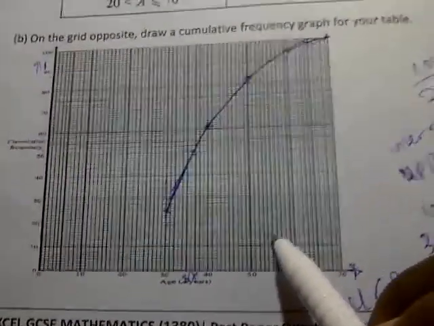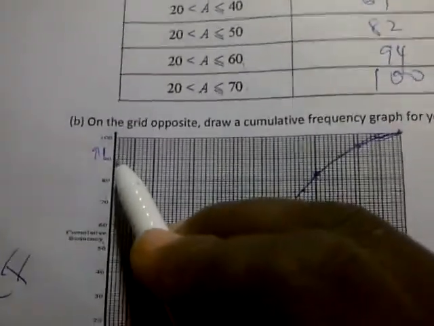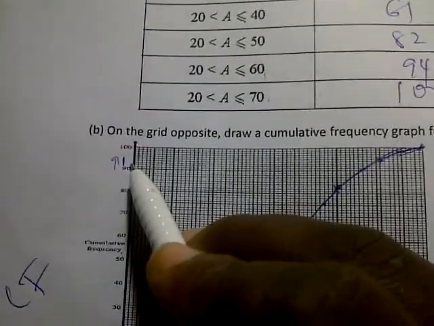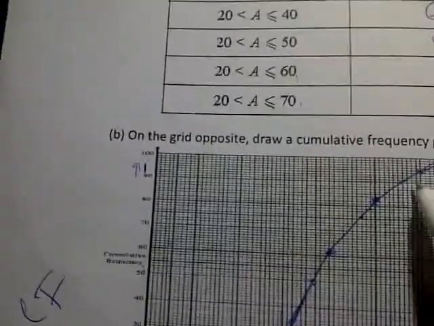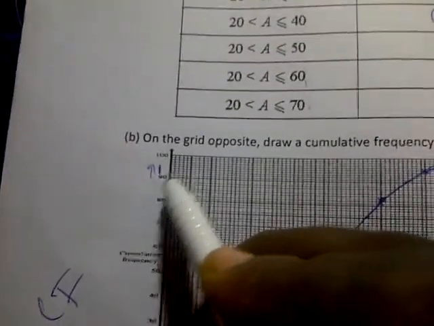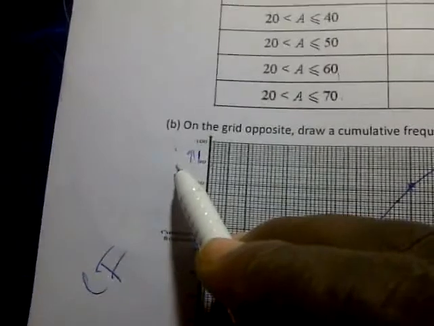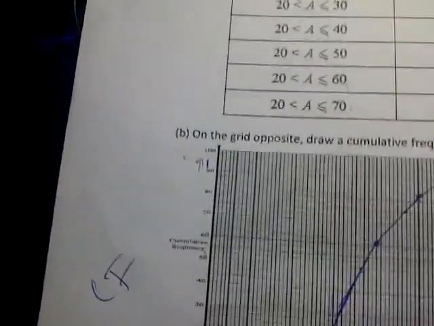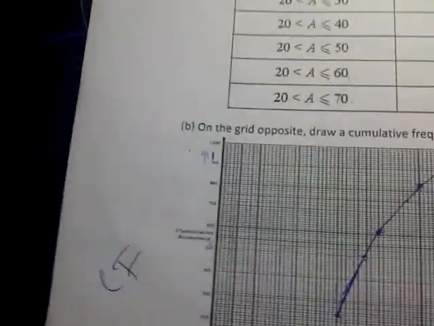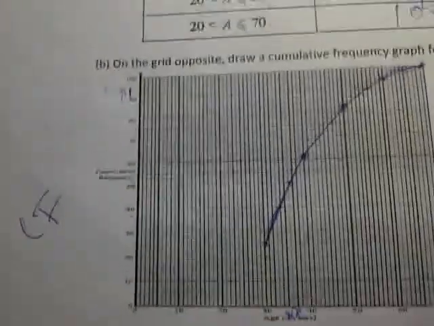Now if we trace out that 56 value to the y-axis, let's say we have 91 as the corresponding cumulative frequency value. Now we're told that there are 100 people. So the people that are older than 56 years are 100 minus 91, and that will be 9 people.